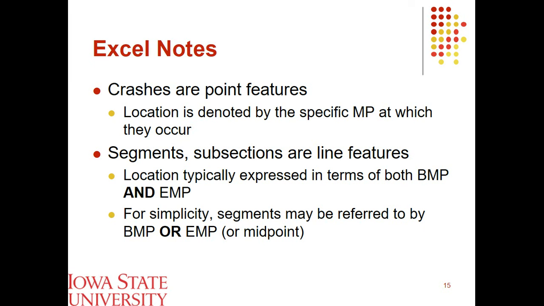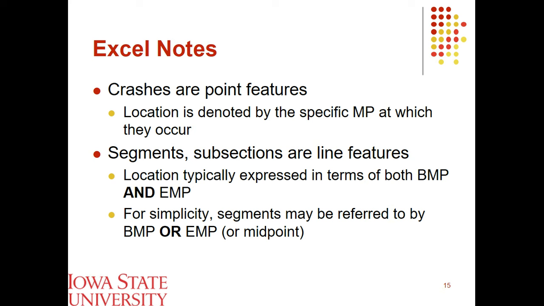Just some notes on some Excel calculation issues that we might run into. It's more so of trying to think about crashes, which are point events or point features, and road segments and subsections, which are line features, and looking at both of those in Excel.